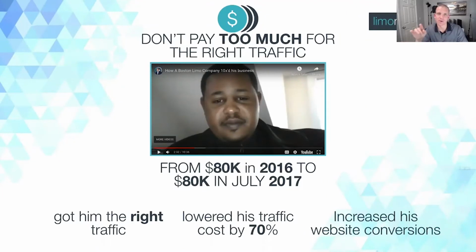So that's like really, these things are a force multiplier. Because think about it, if 50% of the people clicking on your ads are the wrong people, then if you're spending $3,000 a month, really only $1,500 a month is going towards the right people. But what if you're paying 2 or 3 times as much per click as you should be?